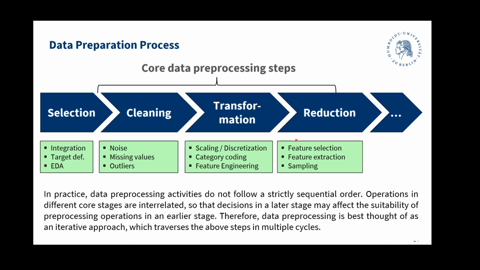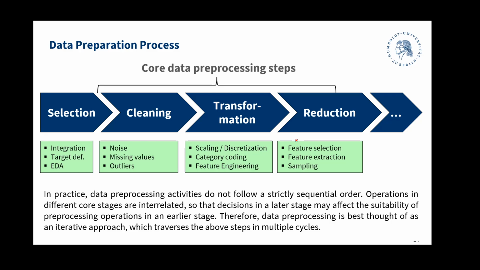This is what I believe can count as a process model of the individual steps, the activities in data preparation. We have selection as before in the process model, cleaning, transformation, reduction. There are some minor differences. Cleaning and transformation you saw before in the analytics process.